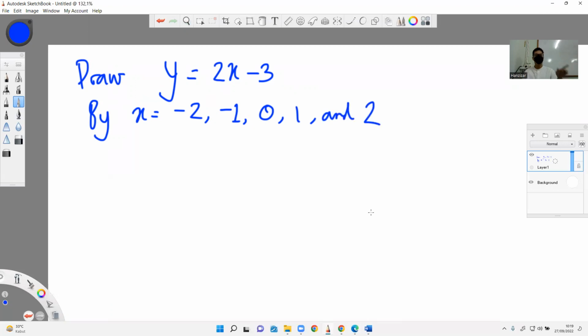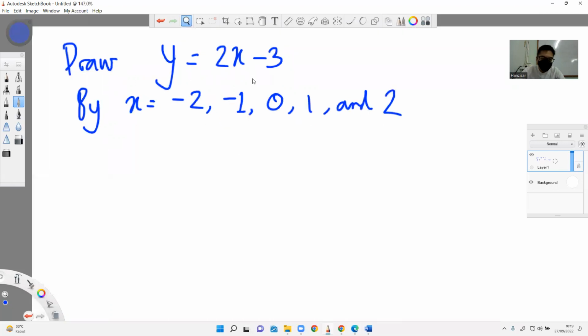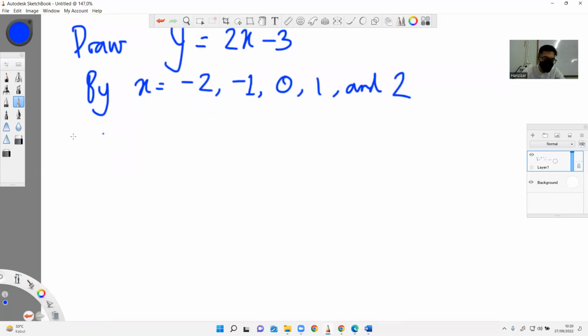Okay, guys, so what you have to do now? Draw the line or draw the function. Let's see, we have the function or the points that is always in terms of x comma y, right?